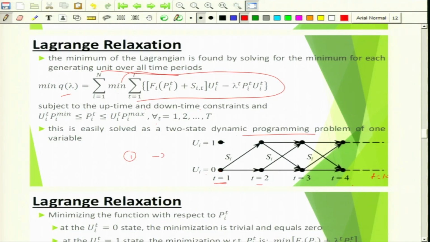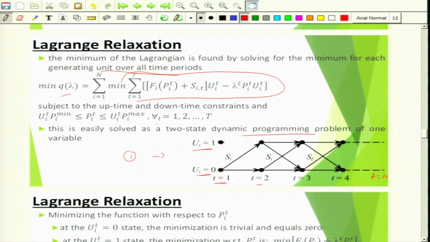That can be obtained by using dynamic programming, where for ui equal to 0 you find the function value, and for ui equal to 1 you find the function value. Based on that, whichever is the minimum. At ui equal to 0, the unit is off, so the cost function is 0 only, but for ui equal to 1 it should be less than 0, then only can you pick ui equal to 1 as the minimal one.